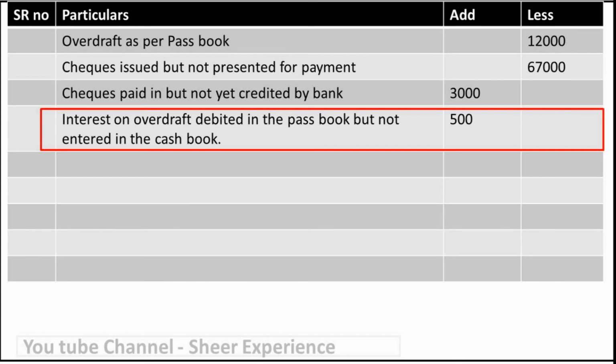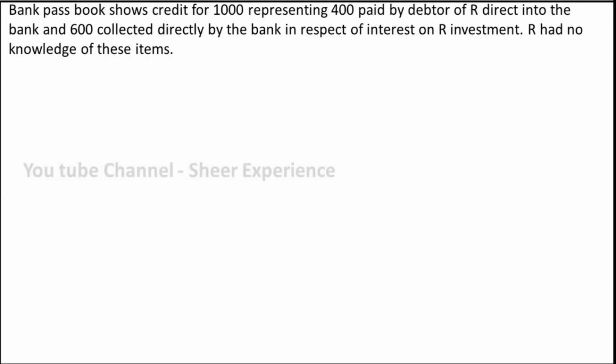Our next transaction is: bank passbook shows credit for 1000, representing 400 paid by debtor of R directly into the bank and 600 collected directly by the bank in respect of interest on R's investment. R had no knowledge of these items. Here R means the business owner.